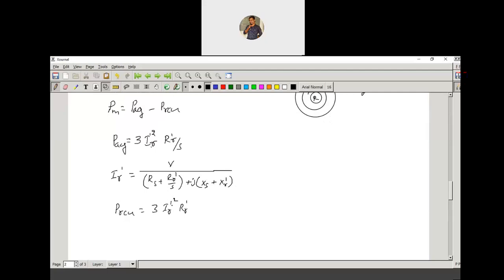Here I am not taking the slip. Please observe that when we talked about the air gap, we took RR dash by S, but here I am not taking it, because when you talk about the rotor copper losses, you have to take only the rotor resistance.